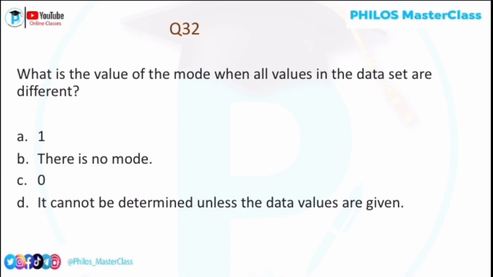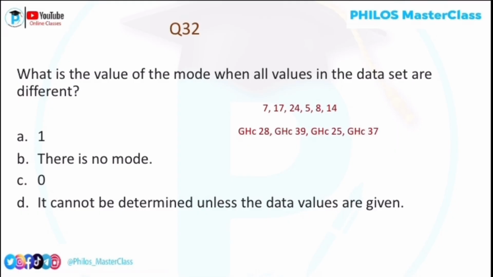This question says, what is the value of the mode when all values in the data set are different? For example, when you have this 7, 17, 24, 5, 8, and 14, you can see that all the values in the data set are different.